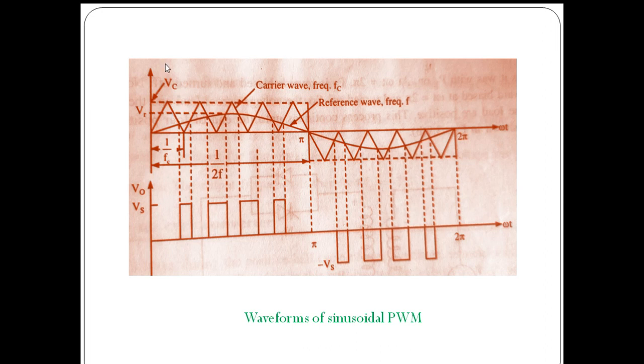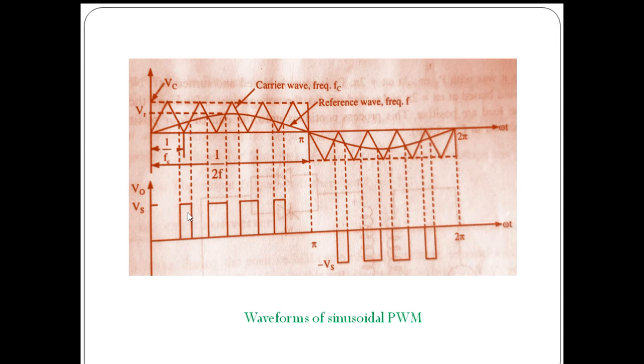The intersection of VC and VR determines the switching points and commutation points of the modulated pulse. So here we are having the switching pulse, and here we are having the triggering point and commutation points for the thyristor. Accordingly, we are generating the pulses.